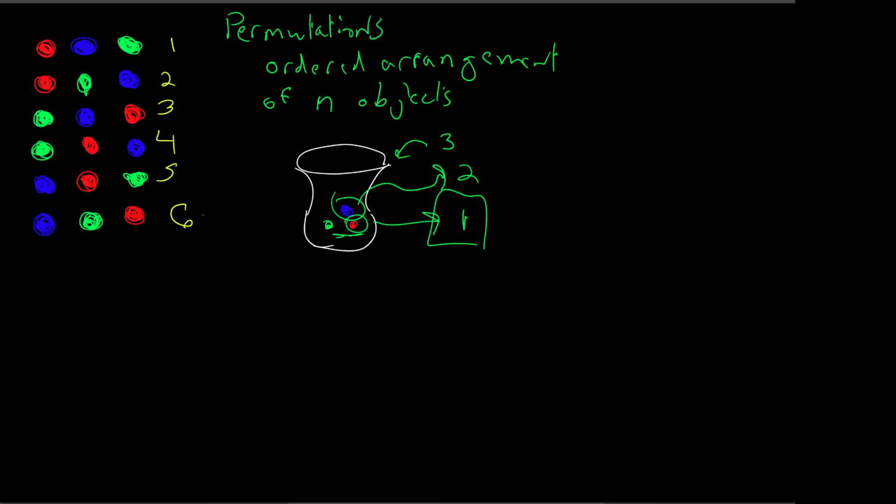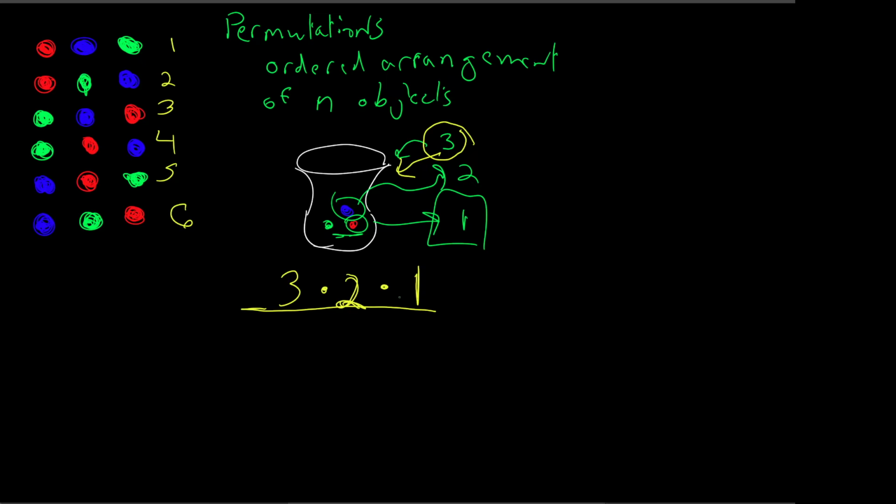If we look at it, when I first go to pull, there are 3 options. When I next go to pull, there are 2 options. When I last go to pull, there's 1 option. The total number of possible options is a multiplication of all the choices, just like we did with the menu items.